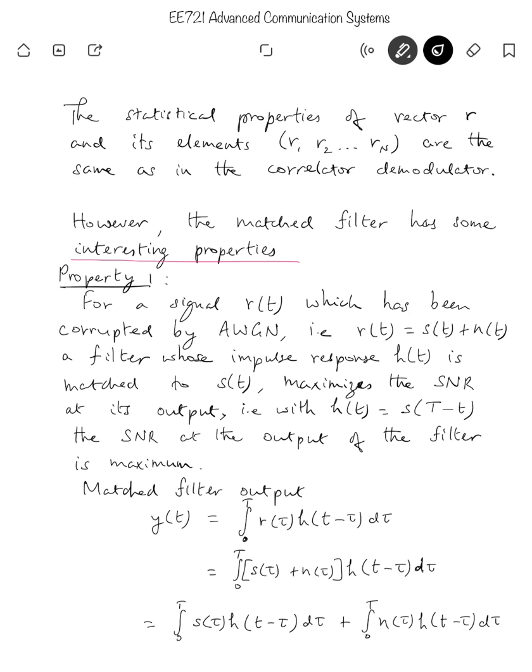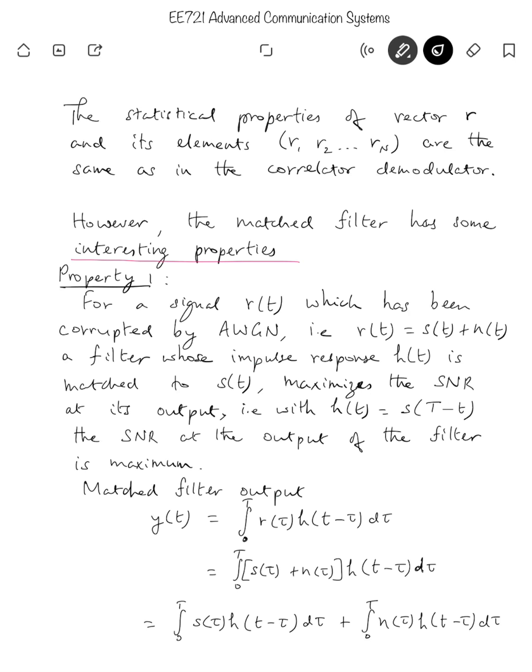If you recall in our last session, we discussed the statistical properties of the correlation receiver's output, which is the probability distribution of R1, R2 and so on, and then the probability distribution of the vector R itself, right? So you notice that it had a Gaussian distribution which had the variance or standard deviation the same as the noise standard deviation, and the mean value equal to the mean of the transmitted signal.